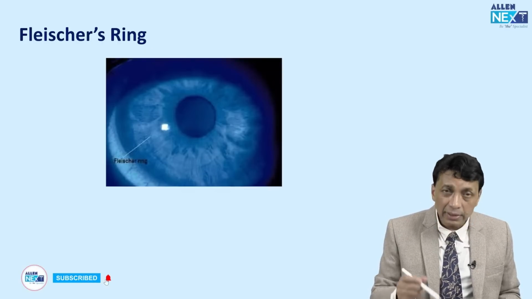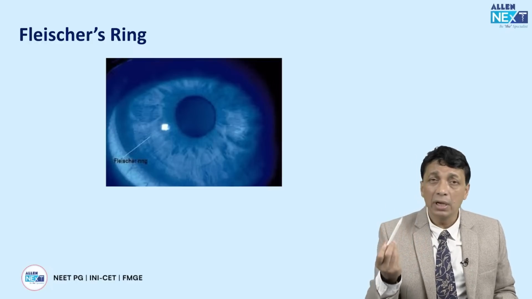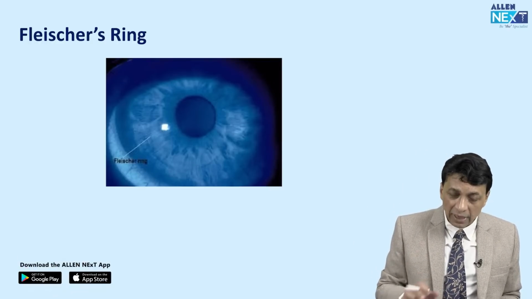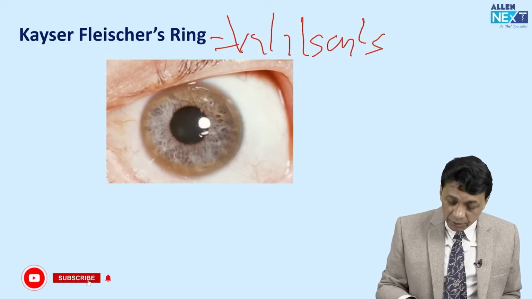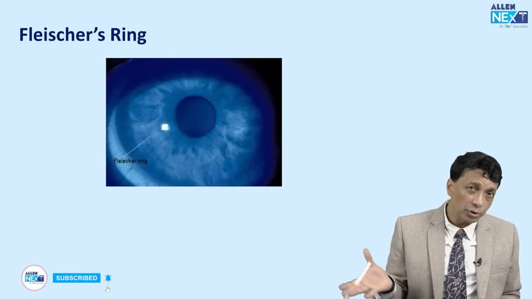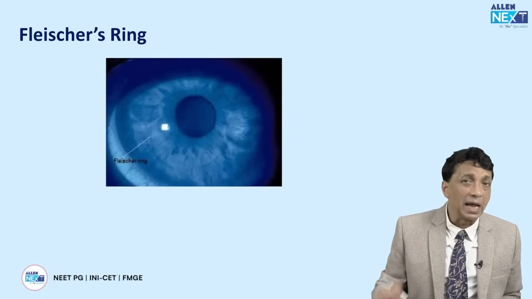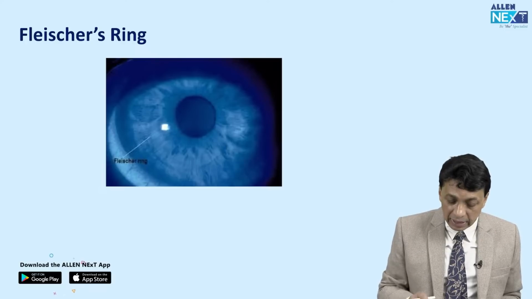The Fleischer ring is seen in keratoconus. At the base of the cone, you see the Fleischer ring, which is an iron line. Remember, KF ring is copper, Fleischer ring is iron. KF ring is deposition on the Descemet's membrane, Fleischer ring is deposition on the epithelium. This is copper and this is iron. This is keratoconus and that is Wilson's disease. So these are KF ring and Fleischer ring.